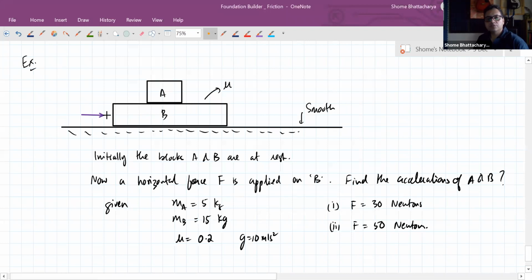So take down the question first, then we'll discuss more about how to approach this. So initially the system is at rest and then we start applying some force on B like this. So we have to find out two cases, one where the force is 30 newtons, the other where the force is 15 newtons.